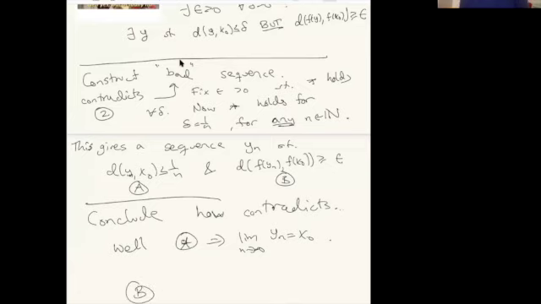So B says that the distance is always bigger than epsilon, so the limit as n goes to infinity of f of yn cannot equal f of x naught. But this is a contradiction because the assumption is true, but the conclusion is not, so the implication fails.